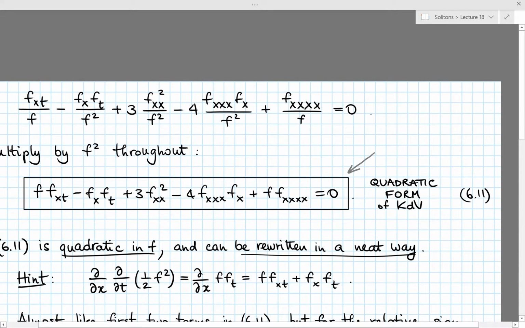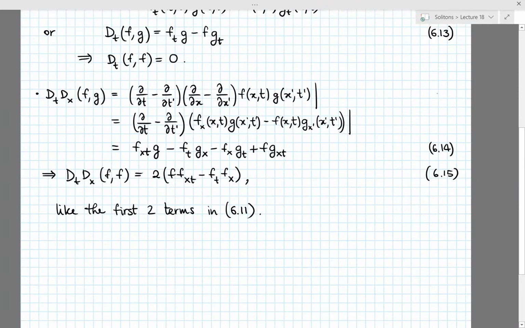So there are three more terms which always involve a total of 4 x derivatives. So that suggests that we look at the Hirota bilinear differential operator, capital D_x to the 4th power.